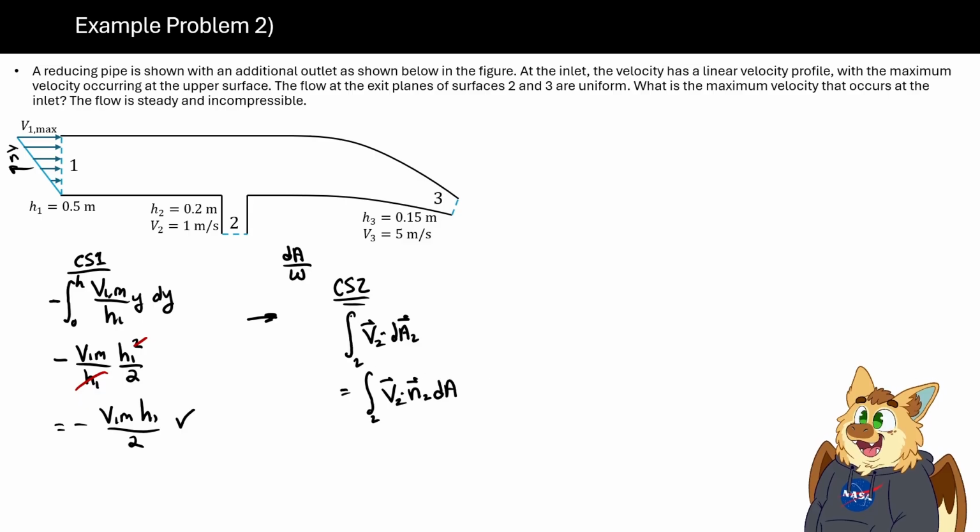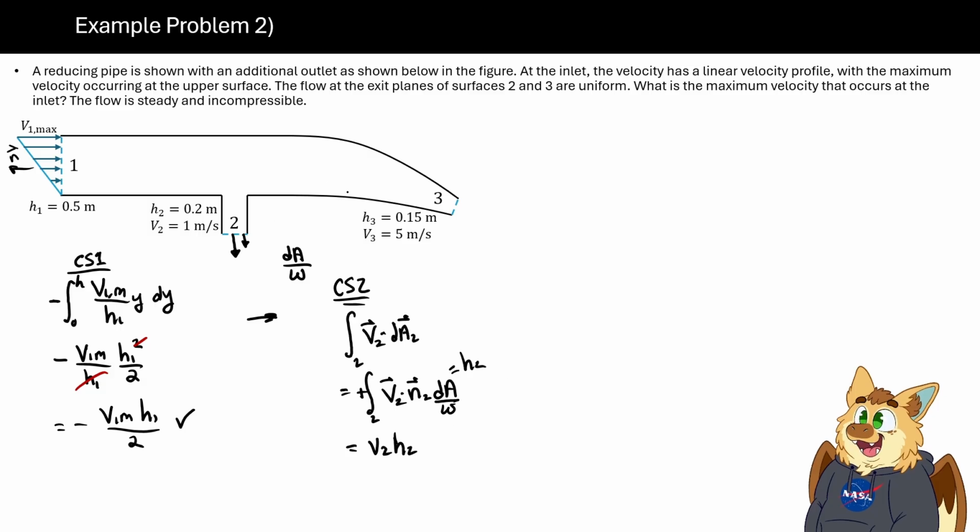In this case, because your unit normal vector is pointed in the same direction as velocity, the angle between them is 0, so we'd have a positive 1 for this term because it's outflow. Our dA in this case, because everything's fixed, the height is fixed, the velocity is uniform, dA over w can be equal to h2, which is equal to v2 times h2.